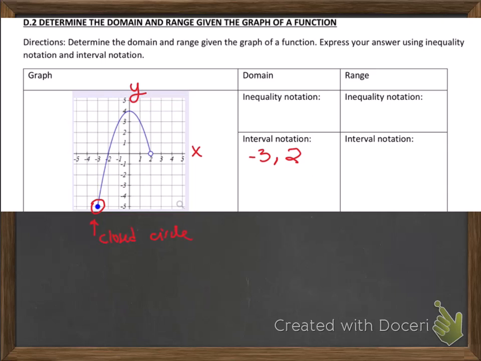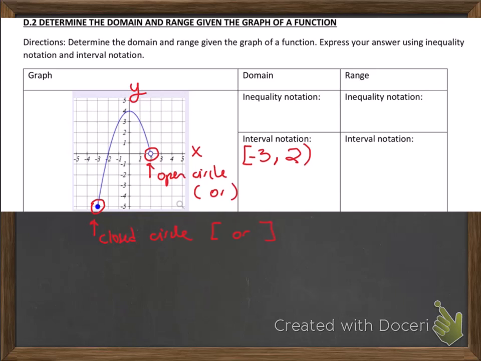So anytime you see a closed circle, you're going to use a bracket to indicate that we're including that point. So next to -3, I need to draw a bracket. Anytime you see an open circle like this, that means we're excluding that endpoint and we're going to use parentheses. So we need to put a parenthesis next to 2. So that's how we write that in interval notation.